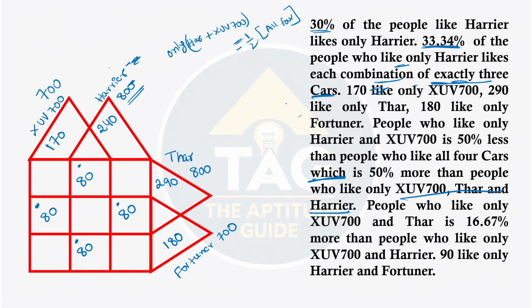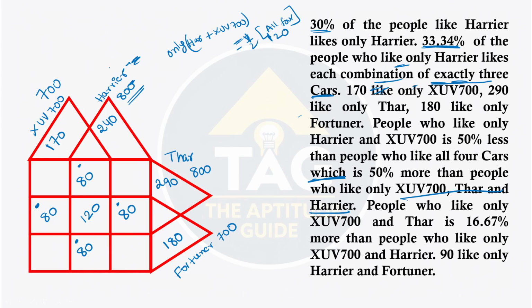That is a combination of exactly 3 cars, so it has to be 80, as we have written earlier. 50% of 80 is 40. If it's 50 percent more than 80, that becomes 120. So people who like all 4 is 120.